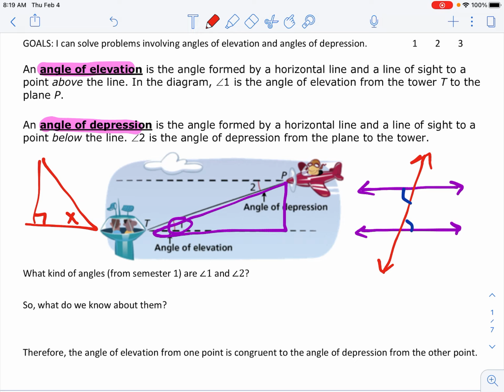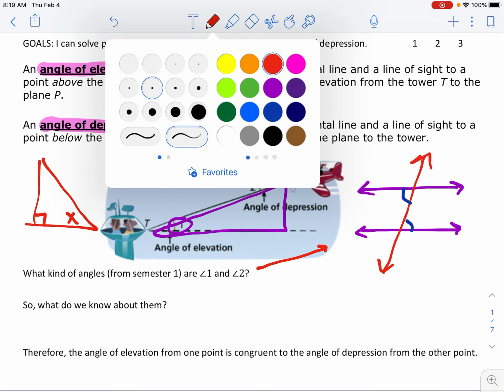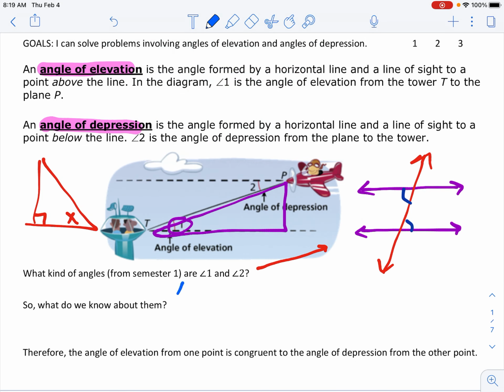If angle of depression falls into the triangle, it would be the same as angle of elevation. In the picture to the right with two parallel lines and a transversal, you'll notice it formed two equal angles, and those are alternate interior angles.